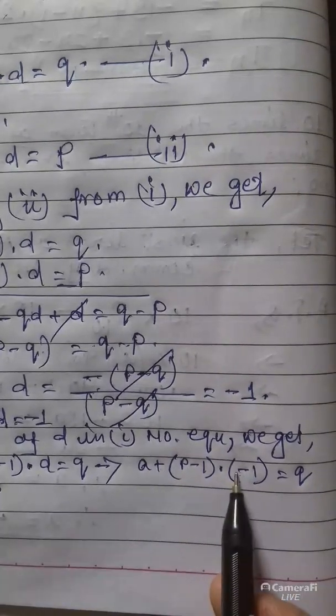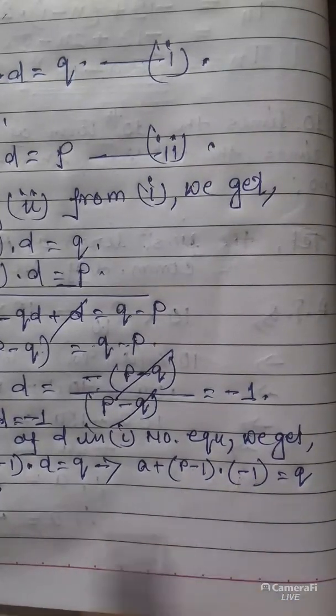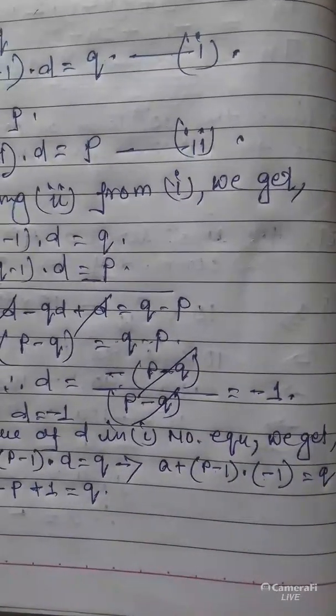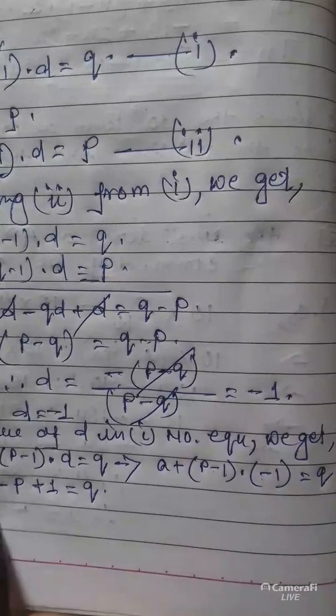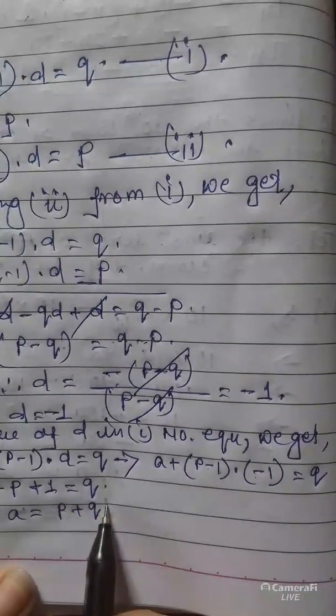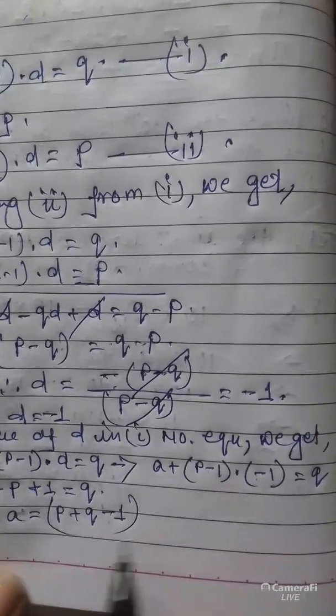So plus P into minus 1 means minus P, minus minus plus 1 equal to Q. Therefore A equal to P plus Q minus 1.